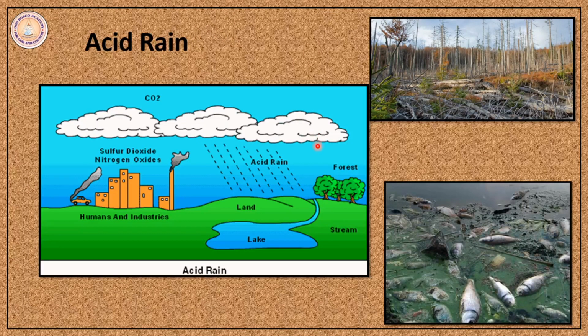Acid rain plays a very important role, and this acid rain is mainly caused by industrial pollution.